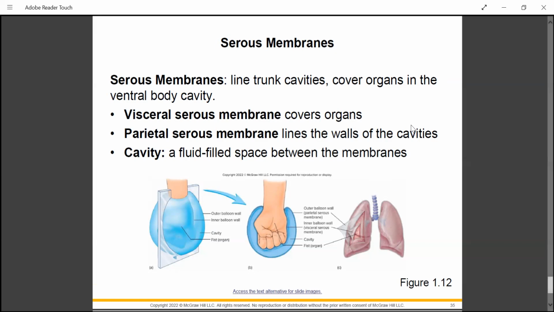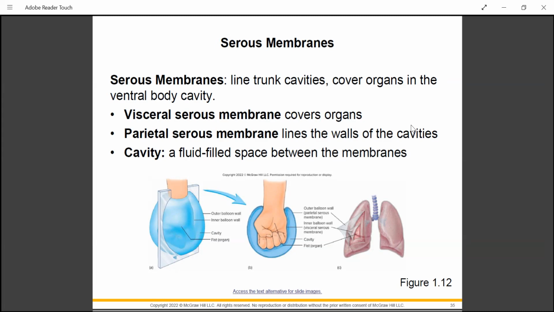Remember above we said that viscera is another word for organs. So the visceral serous membrane is going to be the membrane that covers the organ. The parietal serous membrane is going to line the wall of the cavity itself.